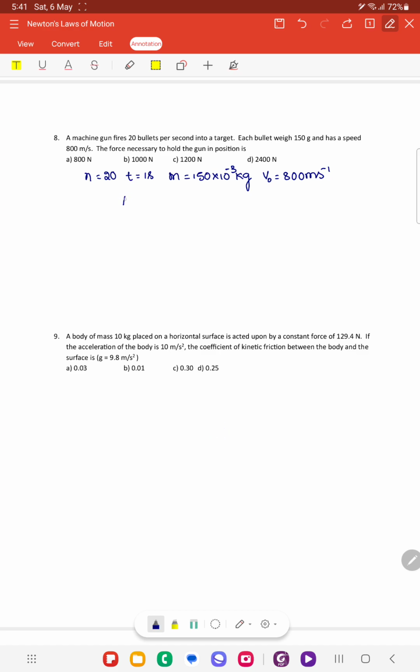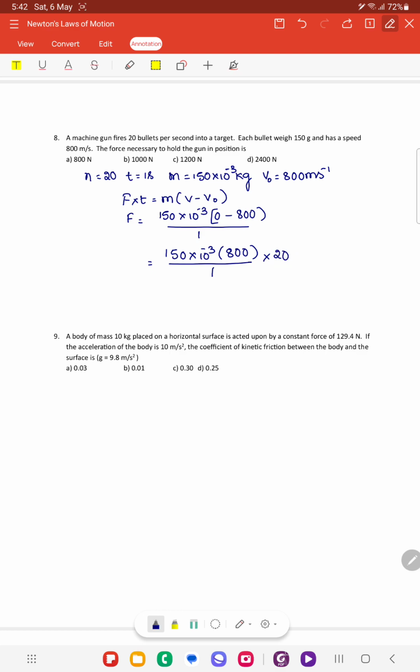So we have impulse is F into t, which is the change in momentum, m into v minus v naught. So F is equal to mass, 150 into 10 raised to minus 3, into the final velocity 0 minus 800, divided by time, 1 second. So it is 150 into 10 raised to minus 3 into 800 by 1, and for the 20 bullets it is into 20.